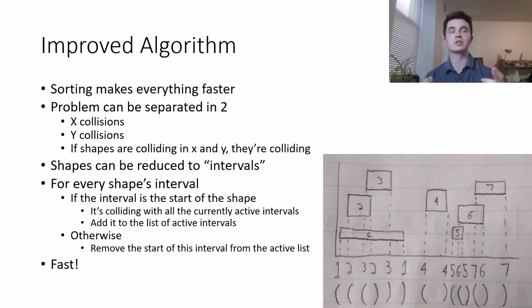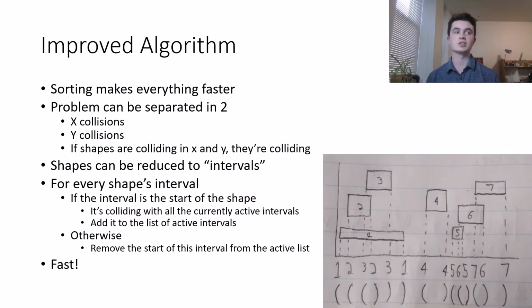So we add it to the list of active intervals. And we know that it's colliding with all the currently active shapes, all the shapes that have been opened but not closed. Otherwise, if the interval we're looking at is at the end of a shape, we remove the matching open paren from the active list, so we know that that shape is closed and cannot be colliding with any more shapes.